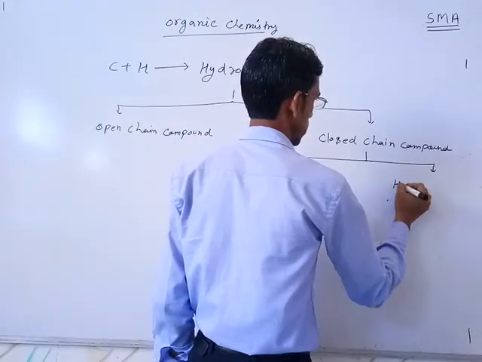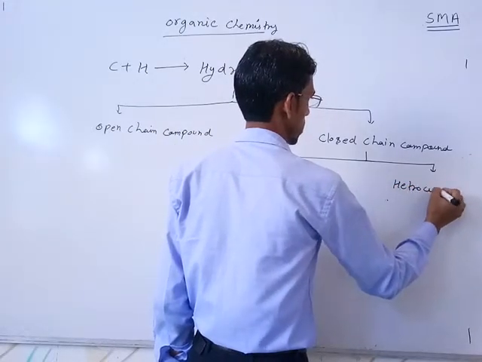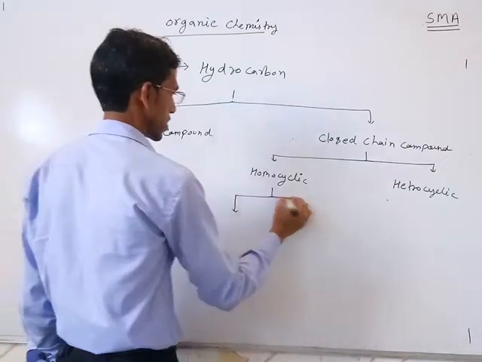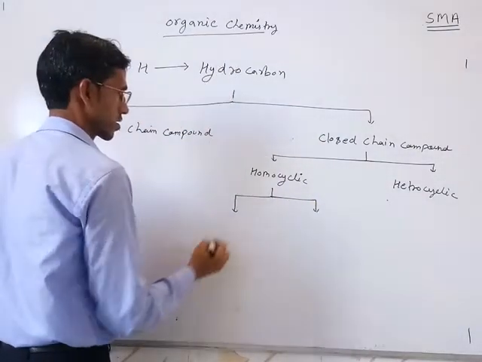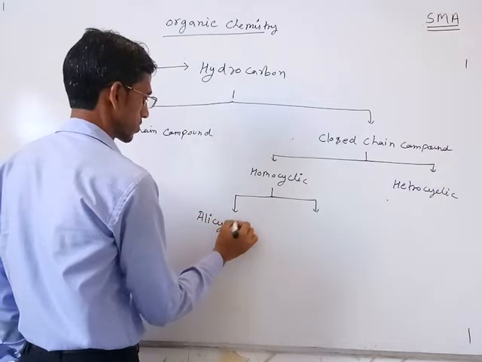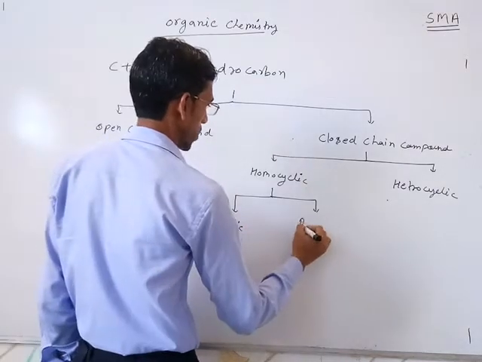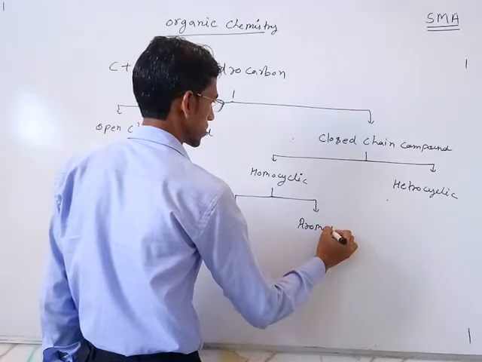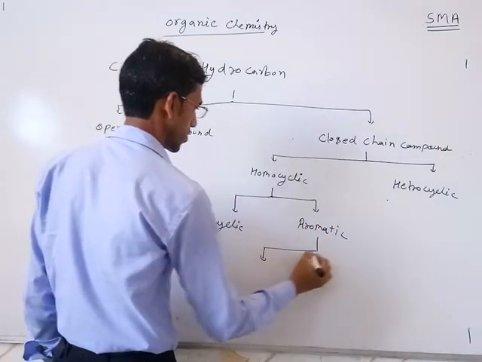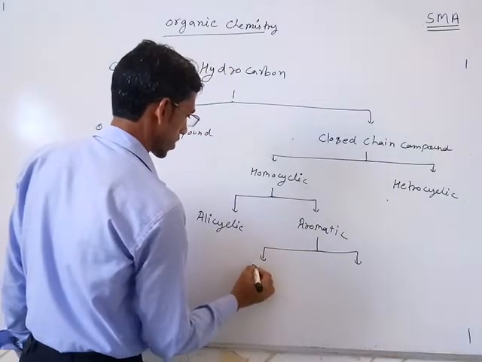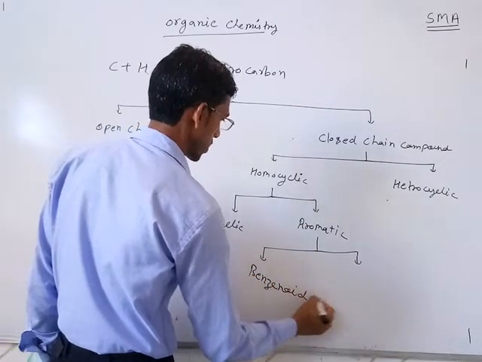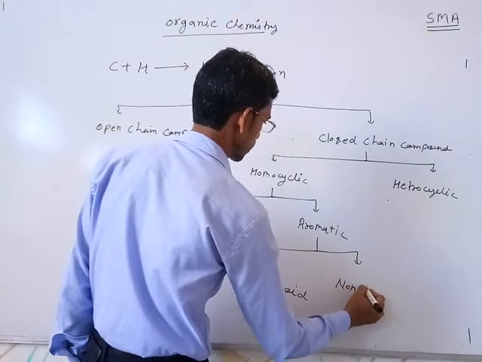Second is heterocyclic. Homocyclic is divided into two further parts: alicyclic or aromatic. Aromatic is further divided into two parts: benzenoid and non-benzenoid.